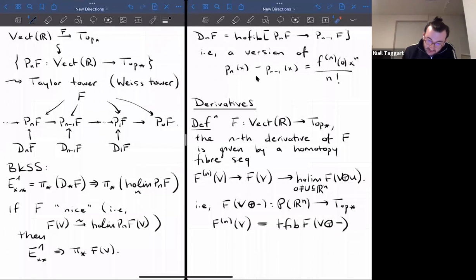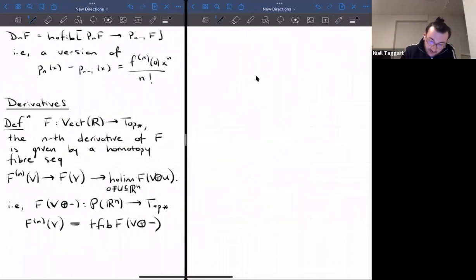But one thing to note about this cube is that you really have to take the topology into account now. This poset of subspaces of R^n is topological.